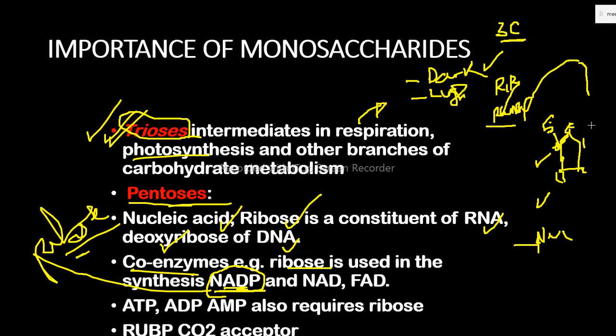So therefore, if these ribose sugars are not there, then you cannot form these nucleotides. And if you can't form a nucleotide, then there is no way you're going to have the NADP. And there is no way you can have the NAD. And there is no way you can have the FAD.